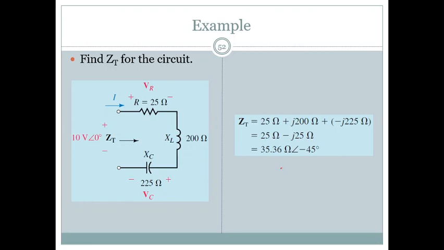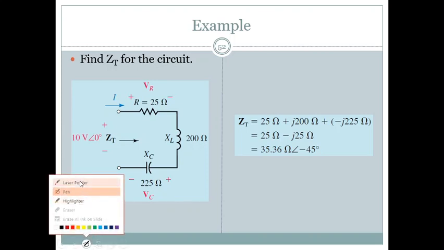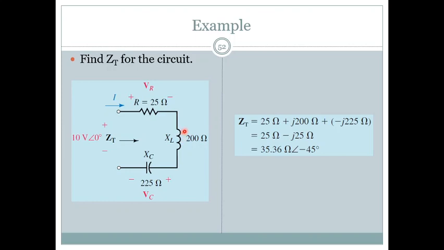Now you have another example in here. You have actually a capacitor and an inductor in series. Let's look at the effect here. So let's write it. This is 25 plus j0, plus 0 minus j200, plus 0 plus j225.